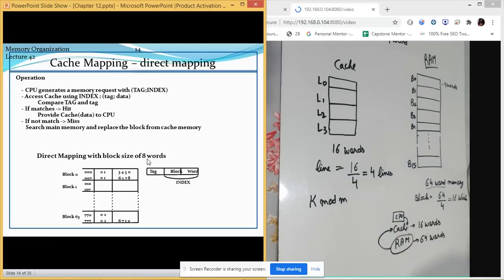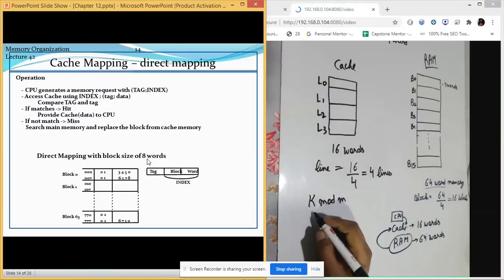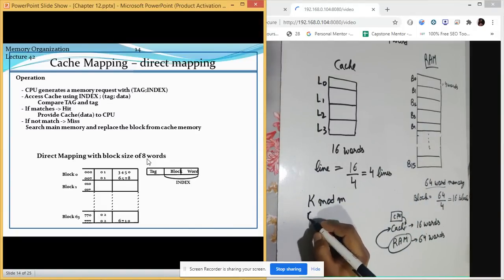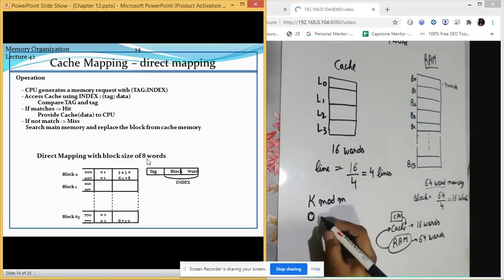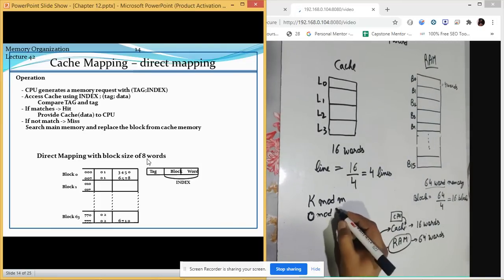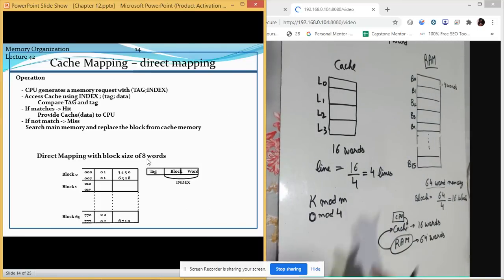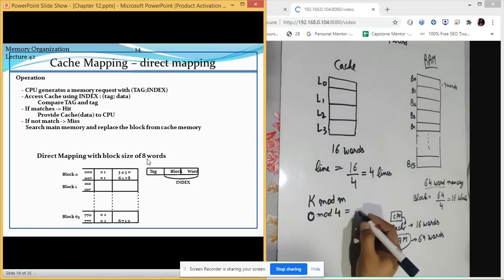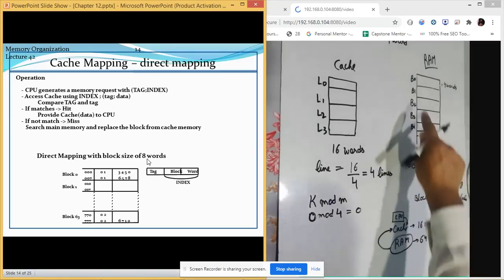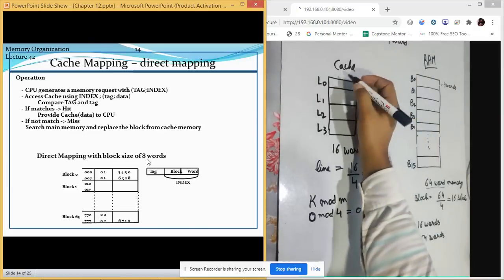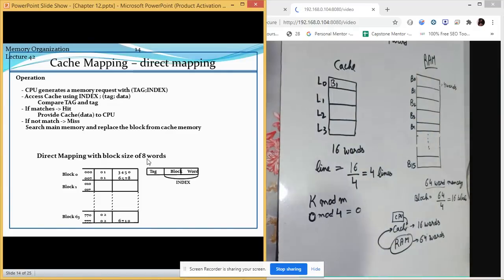Here K is for the block number. Firstly, block 0 mod 4. 4 is the number of lines which we have inside the cache. So the answer will be 0. It means block 0 will be stored in the 0th line of cache.